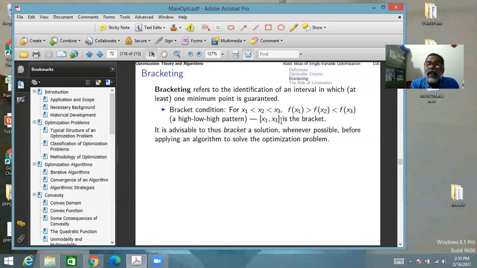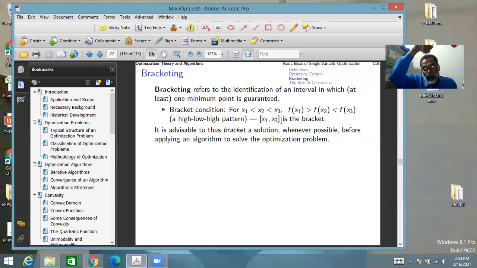And this we say from continuity, because we are assuming the continuity of the function throughout. Differentiability may or may not be there. The function may or may not be differentiable. But continuity is something which we are assuming all the time. So from continuity, you can say that from high to low to high, since this is a pattern, somewhere it has gone to a minimum.